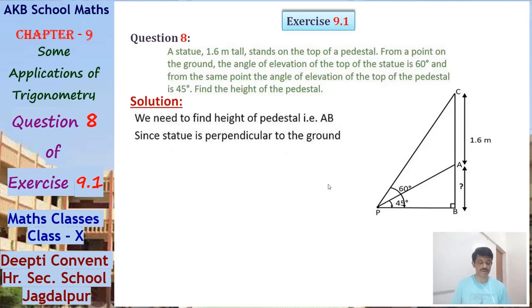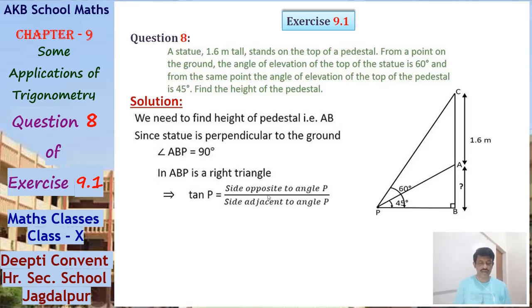Since the statue is perpendicular to the ground, therefore angle ABP equals 90 degrees. Here, in this triangle ABP, we use the tan ratio. tan P equals the side opposite to angle P, AB, by the side adjacent to angle P, that is PB.